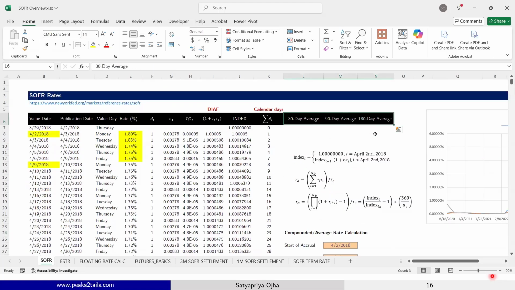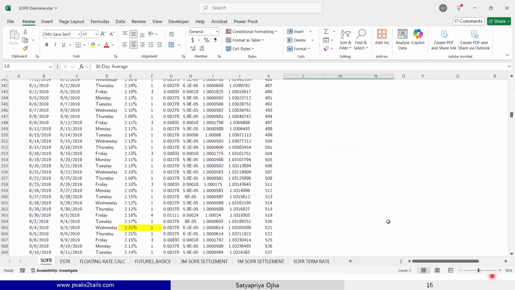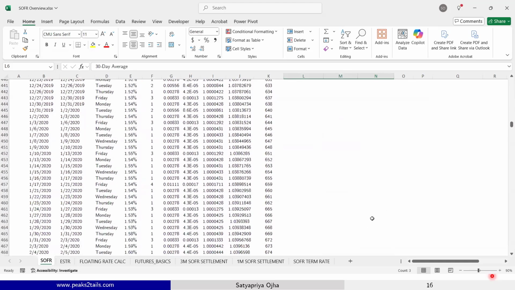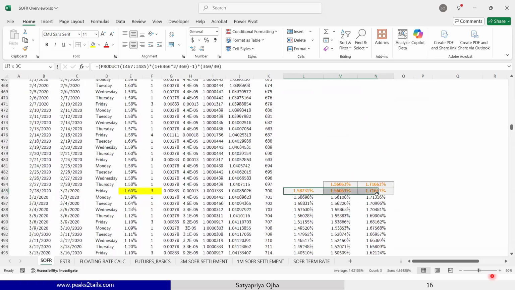They started publishing these from this date, sometime in 2020, and these can be considered as proxies for term rates.